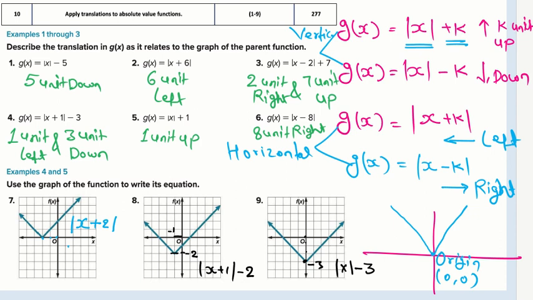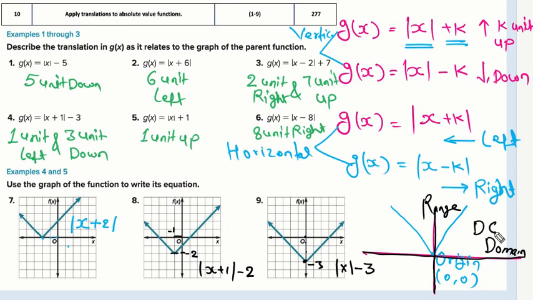Okay, now what if you need to find the domain and range also? Let's discuss that as well. The domain is on the x-axis, and the range is on the y-axis. Now, if you look, this graph is going infinitely this side and infinitely this side. So the domain for this original graph, the parent function, is all real numbers.